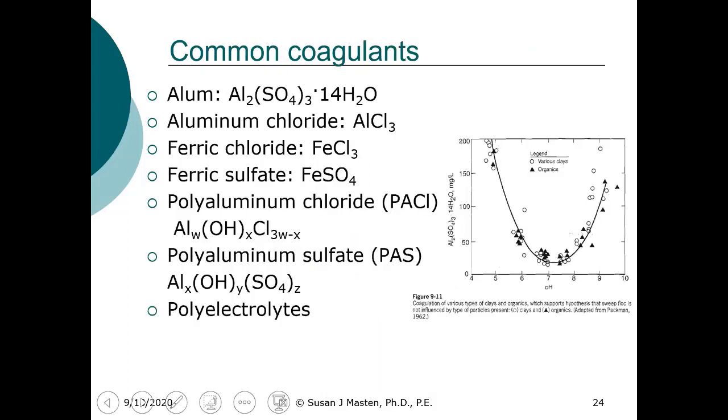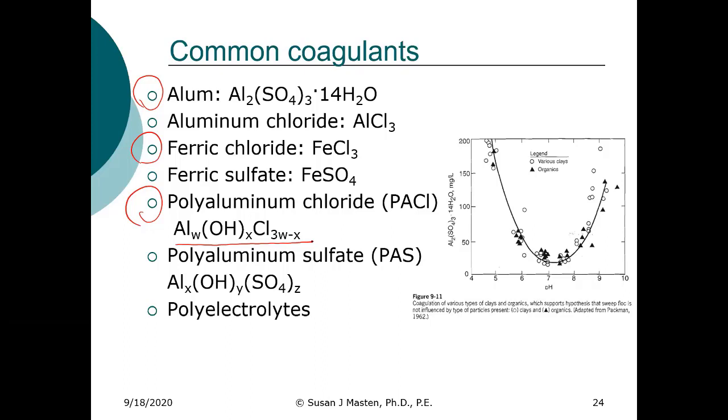Some of the common coagulants are listed here. These include alum, which is most common in the US, ferric chloride, and now polyaluminum chloride, and you can see it here. It's a complex formula.